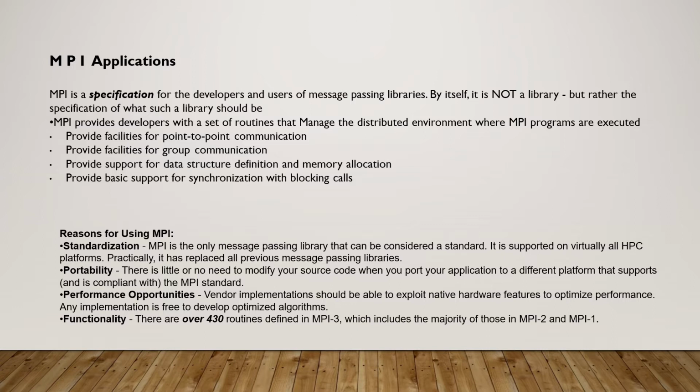MPI provides a developer with many facilities: managing the distributed environment where MPI programs are executed, point-to-point communication, group communication, data structure definition and memory allocation, and synchronization with blocking calls.